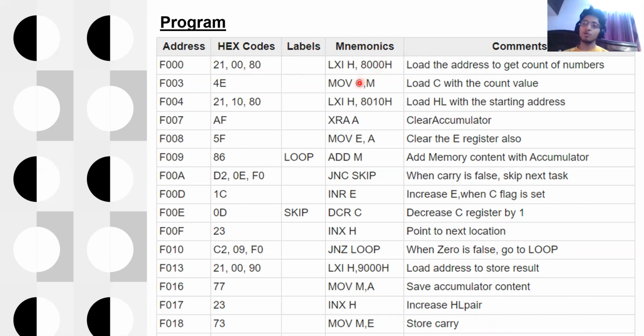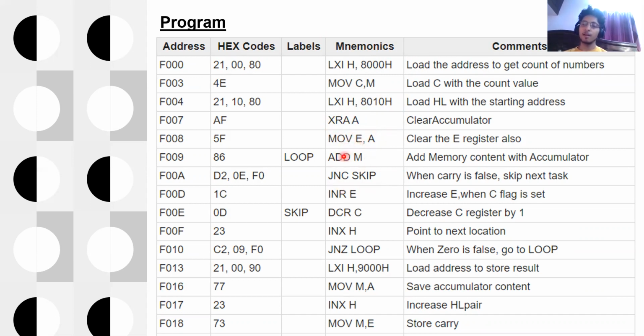So we will be storing our counter in the C register, and we will start loading our address 8010 in the HL pair. As the registers A and E are going to store our final result, we will be initializing them to 0 with the help of these two commands.